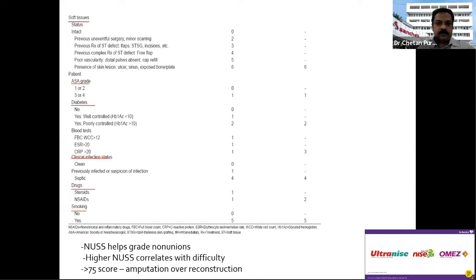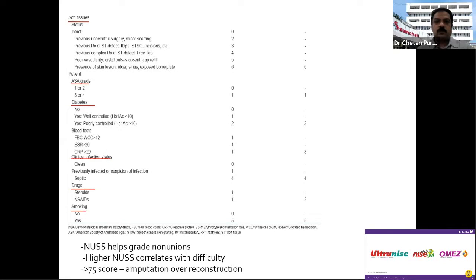and the presence of a sinus or an ulcer or exposed implants. The general condition also is considered: the ASA grade, the presence or absence of diabetes, then the presence of infection, if it is in the active phase or if it is in the quiescent phase, associated drugs like steroids, NSAIDs, and whether the patient is a smoker or non-smoker.